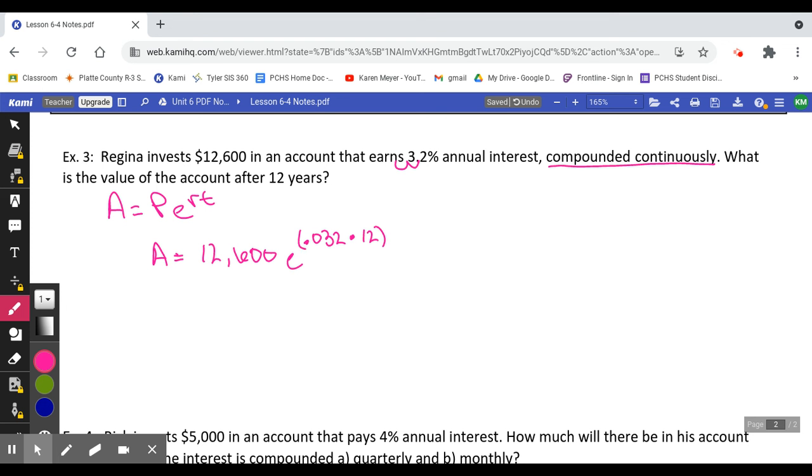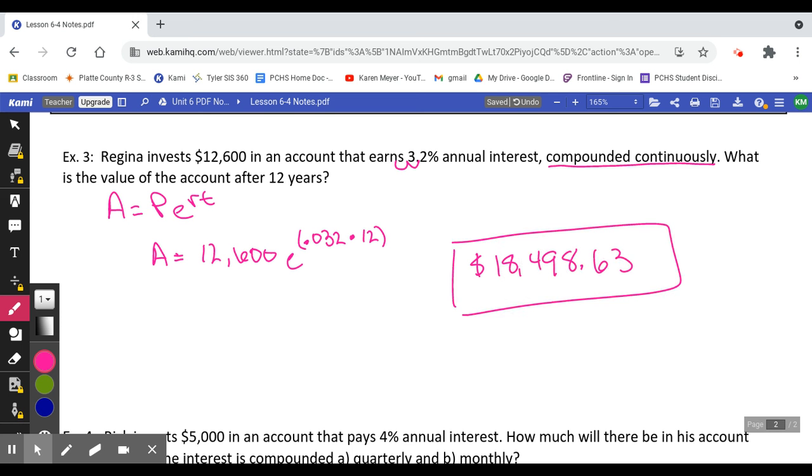Then I just type that into my calculator. Once again, we're talking about money, so I round to change. And so I get $18,498.63.